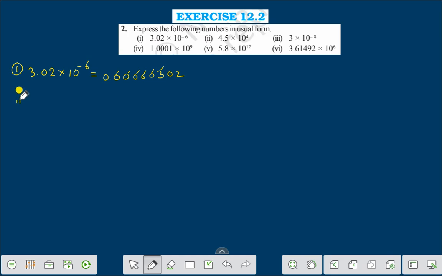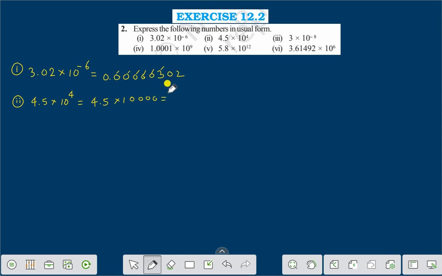Question number 2 is 4.5 into 10 to the power 4. That can be written as 4.5 into 10 to the power 4, which means 1, 2, 3, 4.